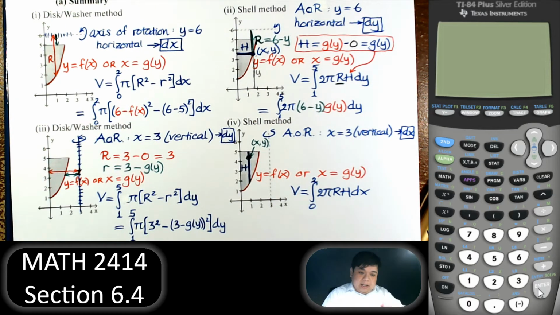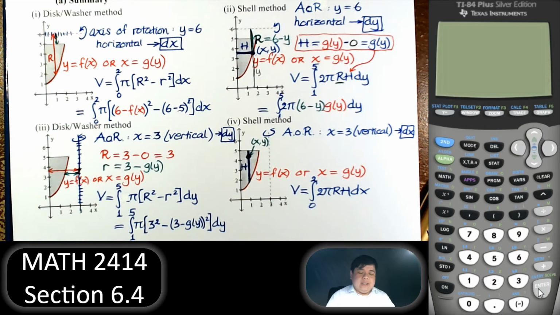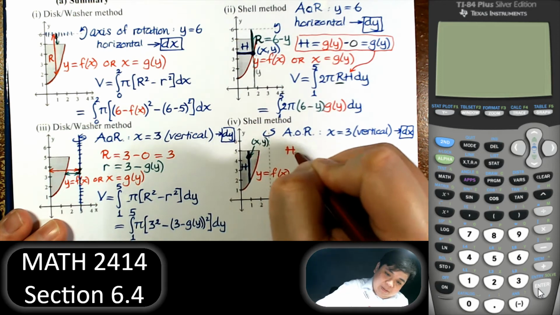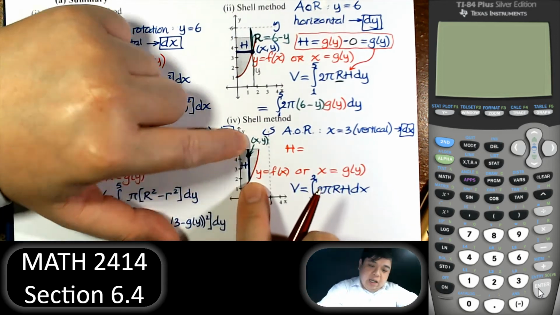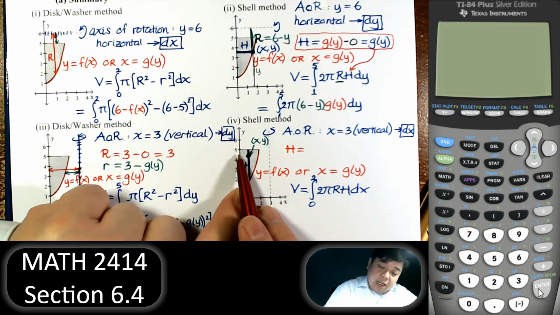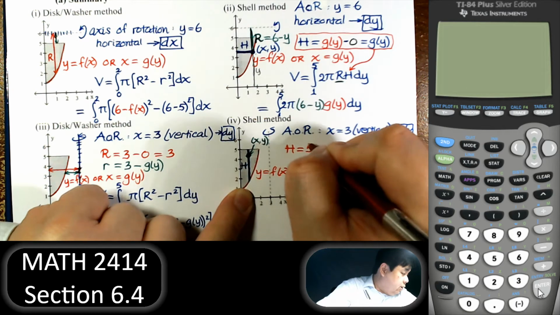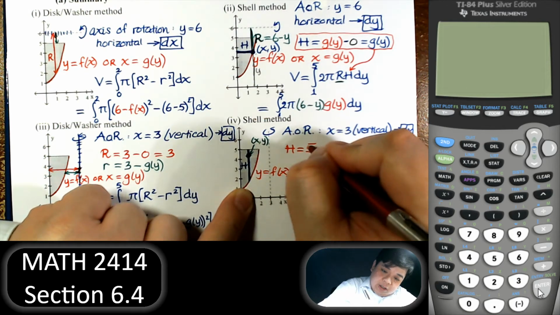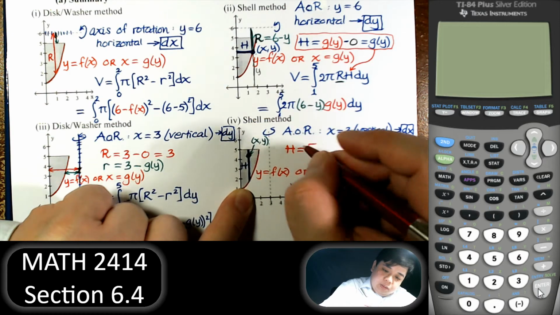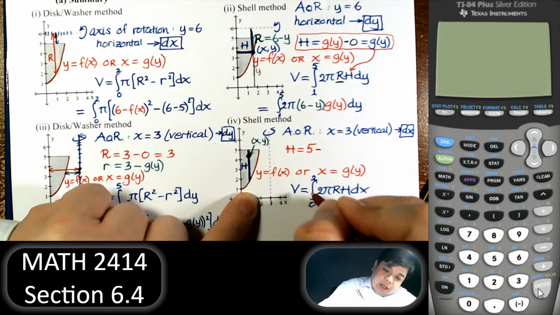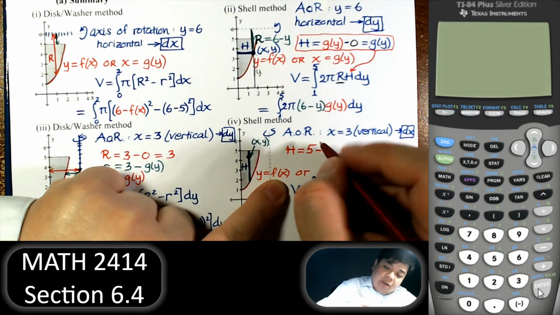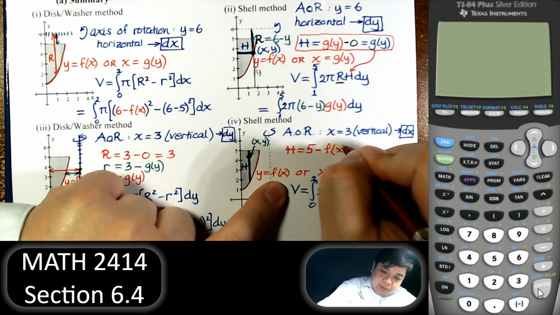Now, the height is the function above minus the function below. The upper function is 5. The lower function is whatever the function is in terms of x, so f of x. So that is the height.